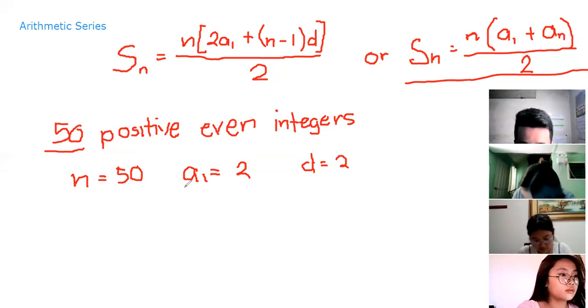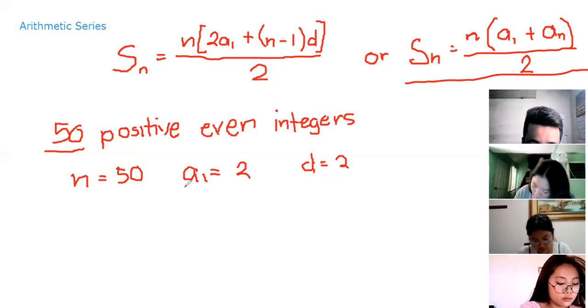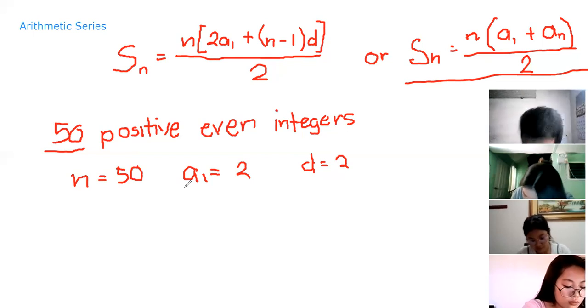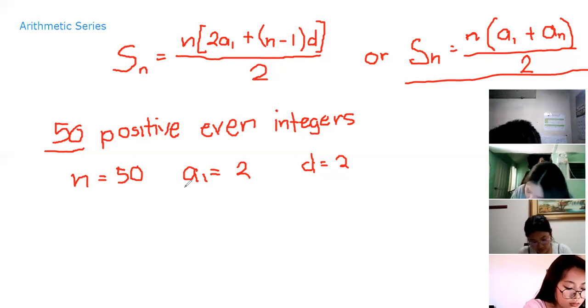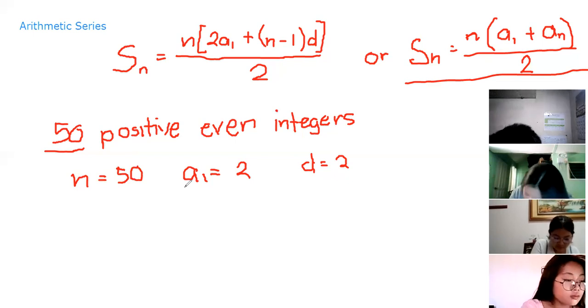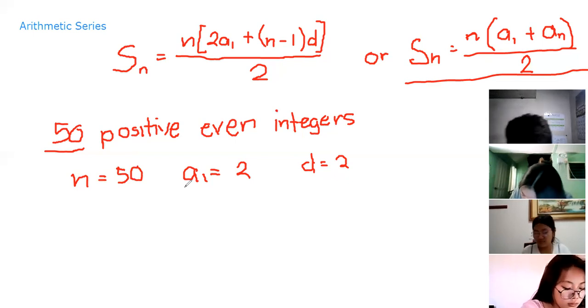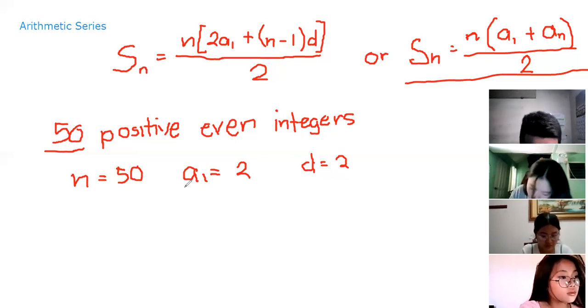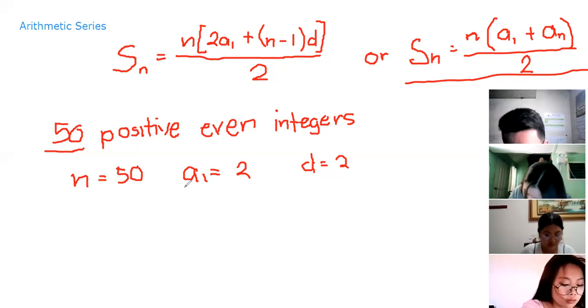Kasi tinatanong dito, the first 50 positive even integers from a finite arithmetic sequence with the first term 2. So, pag sinabing first 50, ibig sabihin yung terms natin hanggang 50 siya.